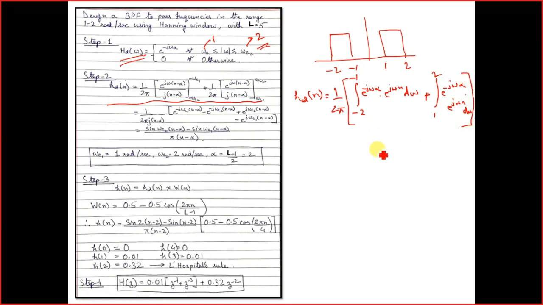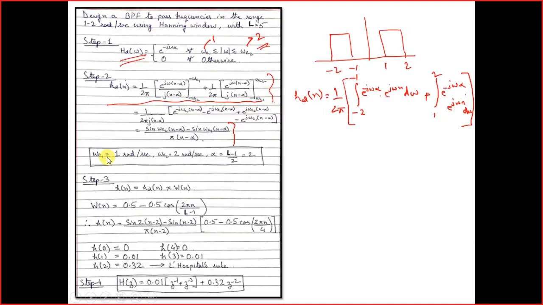So you will get this equation, then you solve it and get this formula: sin omega c2 (n minus alpha) minus sin omega c1 (n minus alpha), divided by pi (n minus alpha).